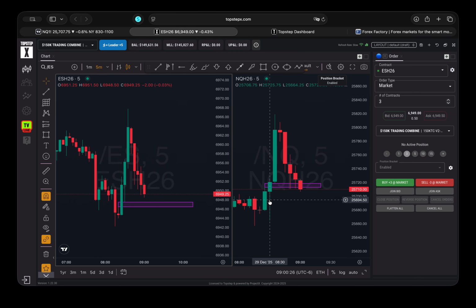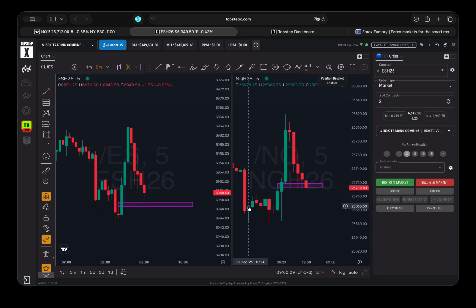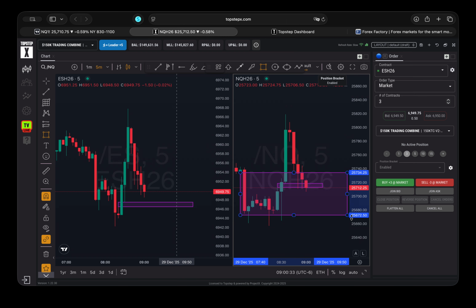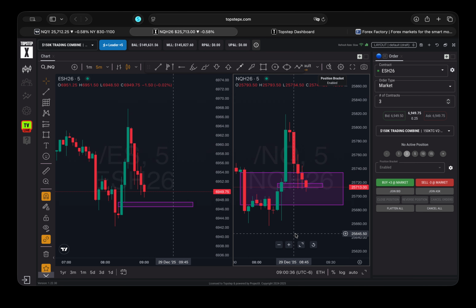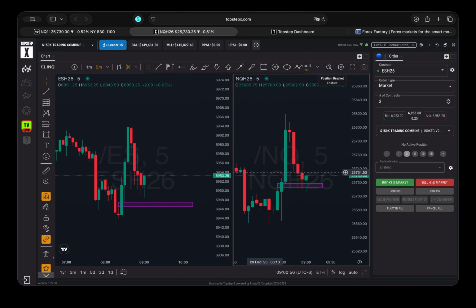But we'll just watch it. See the candles trying to go up on NQ.